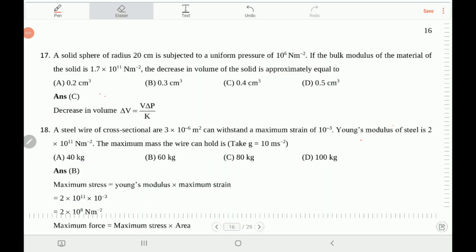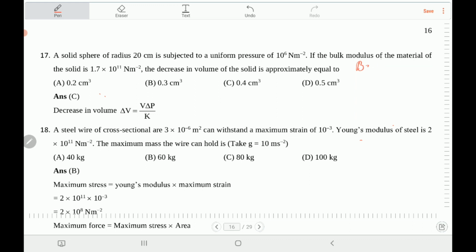Okay, it's now on bulk modulus. A solid sphere of radius 20 centimeter is subjected to a uniform pressure 10 power 6 Newton per meter square. If the bulk modulus of the material of the solid is 1.7 times 10 power 11 Newton per meter square, the decrease in volume of the solid is approximately equal to what? What's bulk modulus?